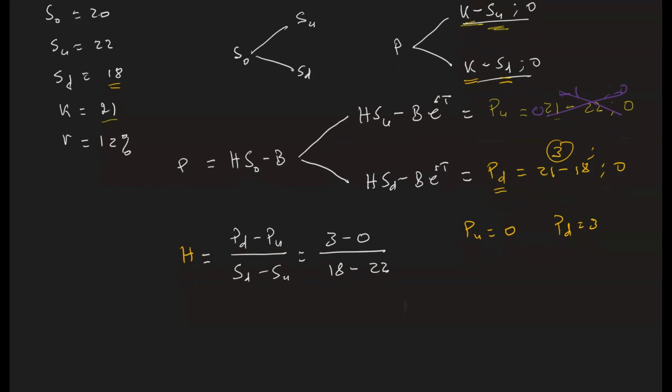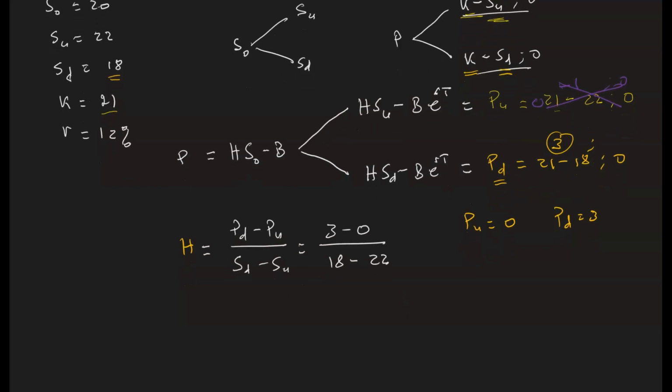So our hedge ratio is going to be equal to 3 divided by 18 minus 22, which is 3/4. Now, remember the 18 minus 22 is actually negative, so we're going to have a minus sign here. And that's going to be our hedge ratio.